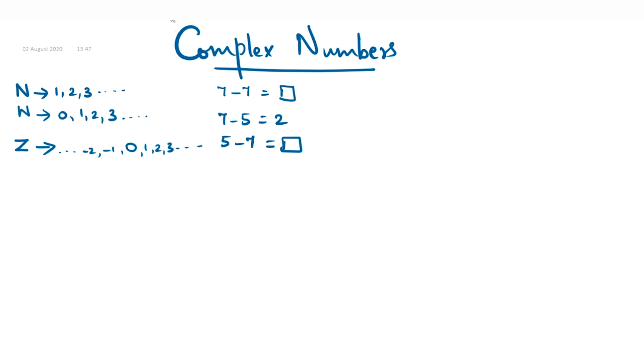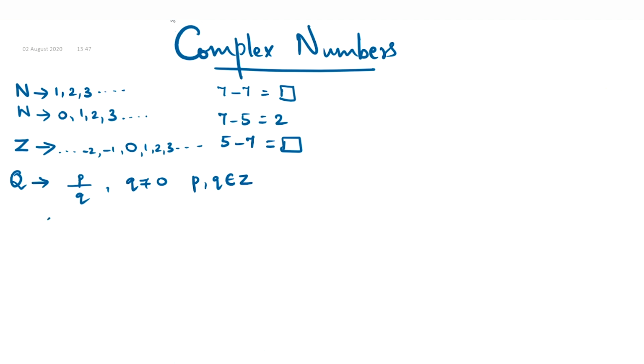Then came the rational numbers. Any number that can be represented in the form p by q, where q is not equal to 0 and p, q belong to Z, we call it a rational number.